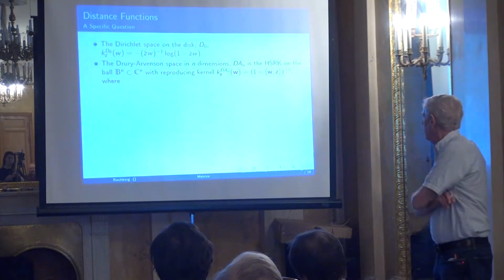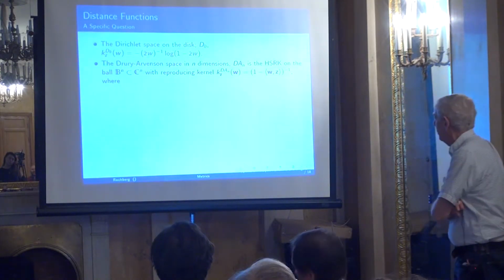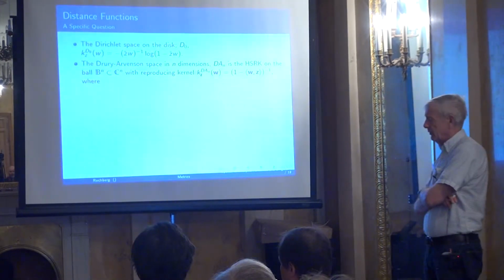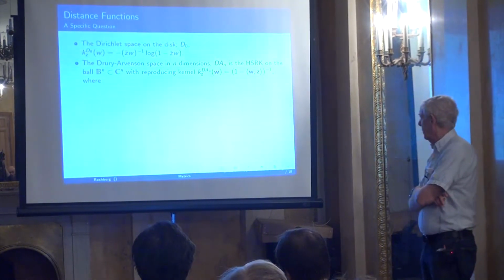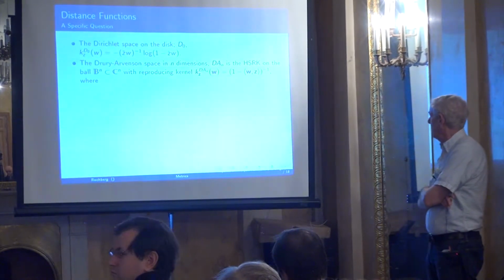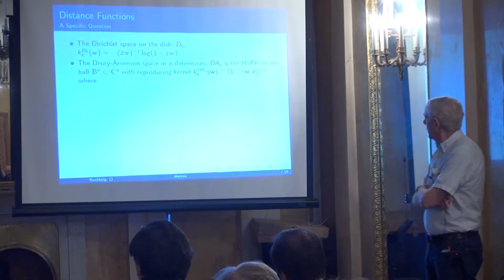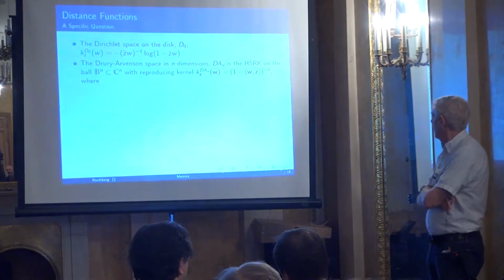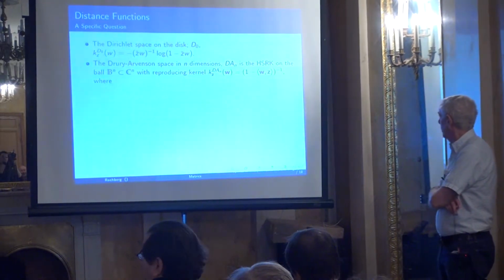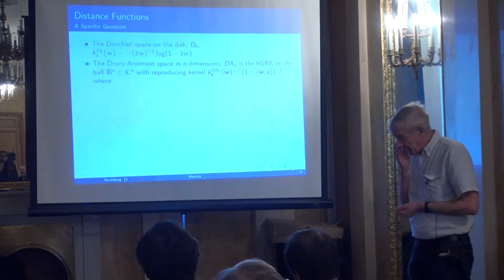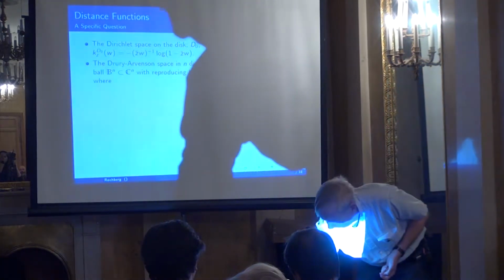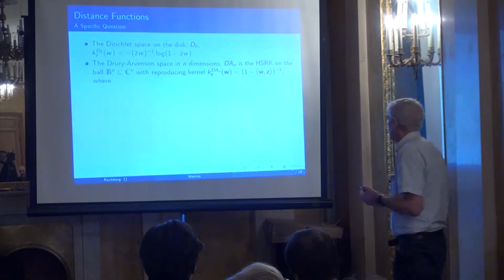I also want to talk about the Drury-Arveson space. The Drury-Arveson space is a space of holomorphic functions in n dimensions. They are functions on the complex ball B_n contained in C^n. And again, I specify the space by giving you the reproducing kernel. And it looks just like the Cauchy kernel, except that we're now in n dimensions.